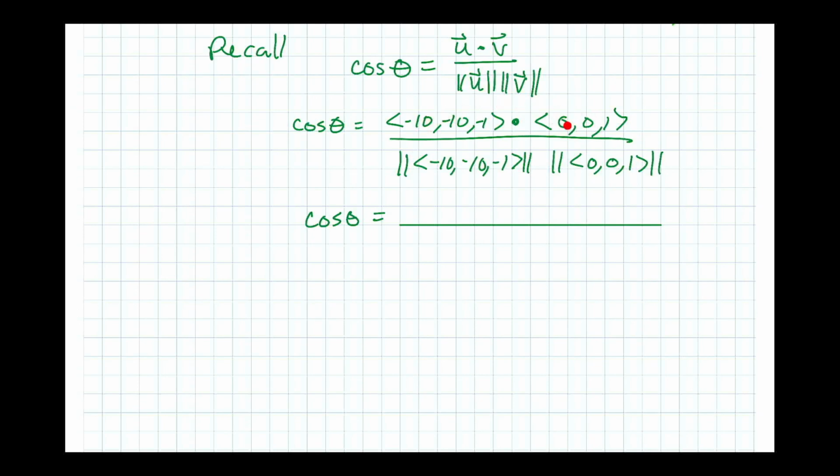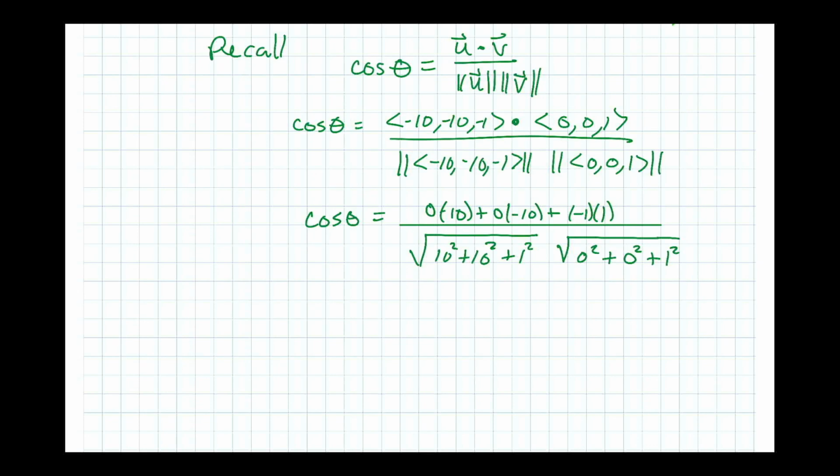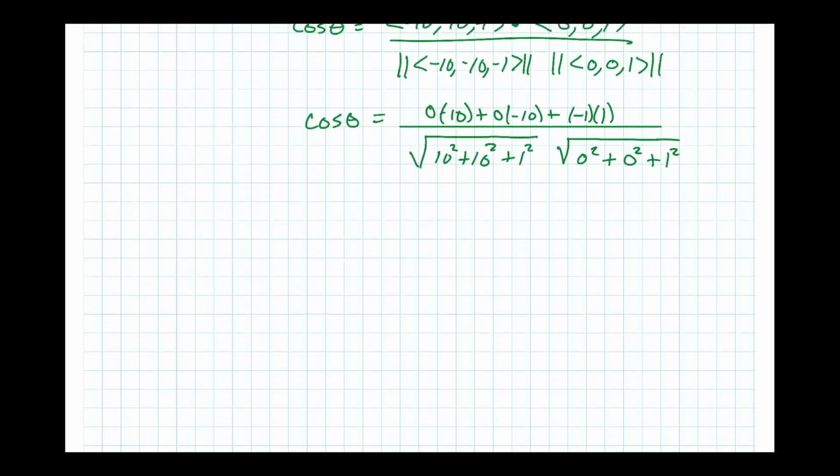So it's 0 times negative 10, 0 times negative 10, 1 times negative 1. And then in the denominator for these two magnitudes, you've got the magnitude of 10 squared, 10 squared, 1 squared. And then you've got the magnitude of 0 squared, 0 squared, 1 squared, which you didn't really need to do because the magnitude of 0, 0, 1 is just going to be 1.